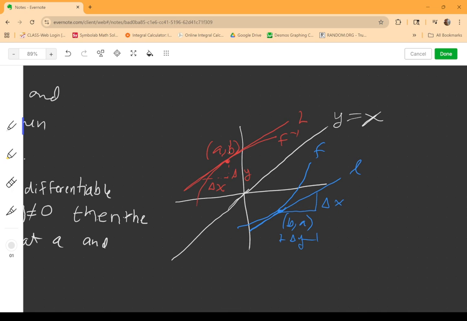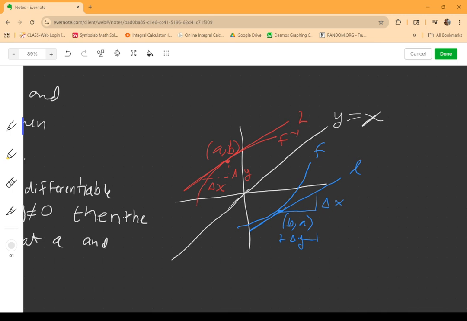So if we're trying to find the value of the derivative at a point a, then what this is telling me is I don't actually need to go through the trouble of finding the derivative of the inverse function. If all I'm looking for is the value at a particular point, it is enough to find the derivative of f and then find the value of f prime of b.